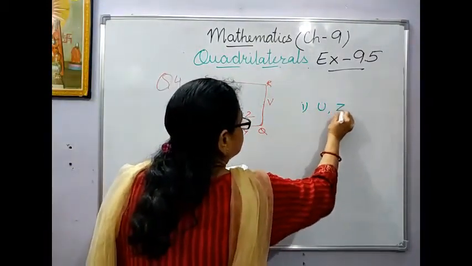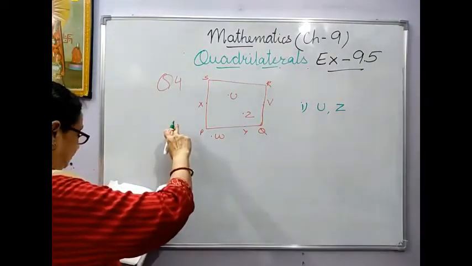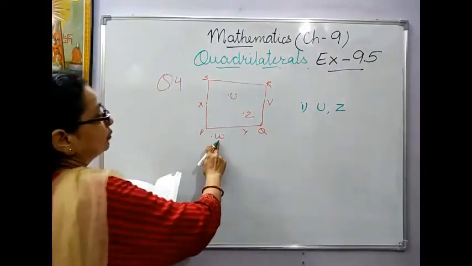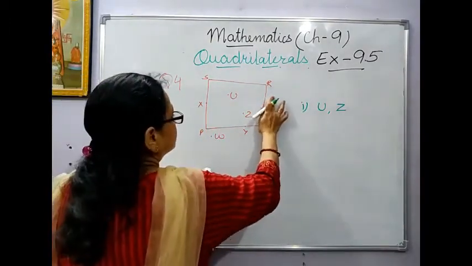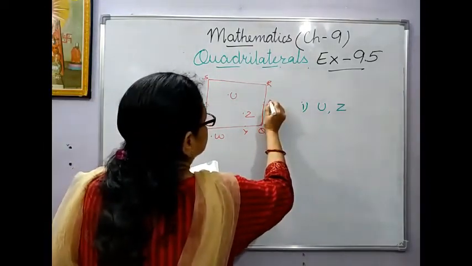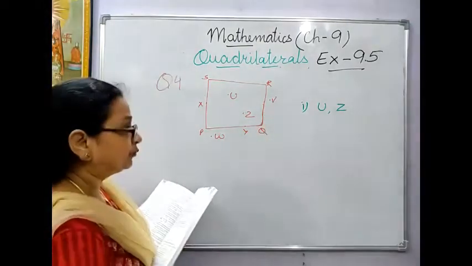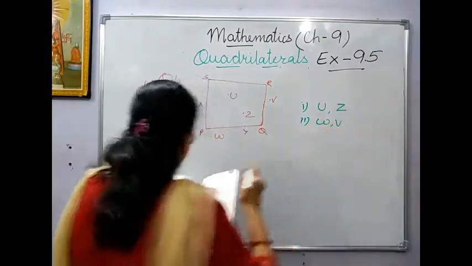U and Z. On its exterior, this is W and this is V, which I had marked wrong. This is close to it, so W and V. Second one, W and V.